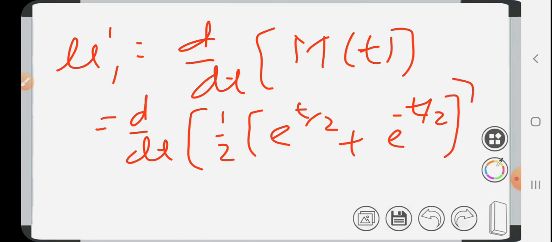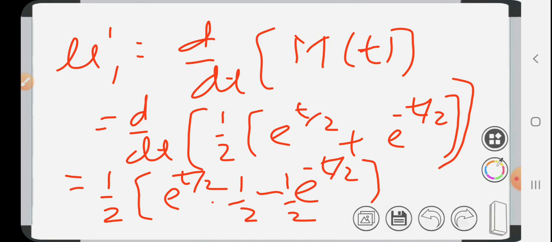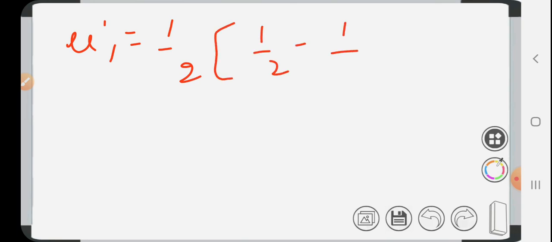First find the derivative: 1 by 2, then e raised to t by 2 into 1 by 2, minus e raised to minus t by 2 into 1 by 2. If I put t equal to 0 here, I get 1 by 2 outside, and inside 1 by 2 minus 1 by 2, which is 0. So mu1 dash is equal to 0.